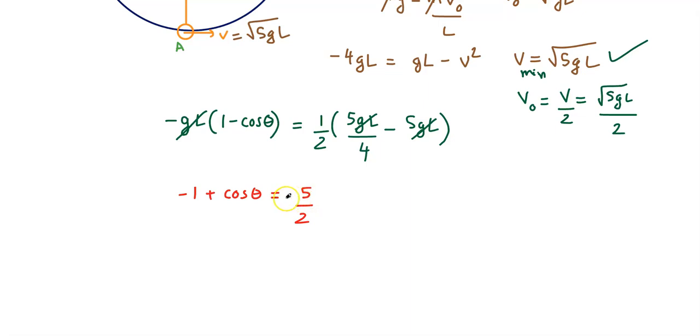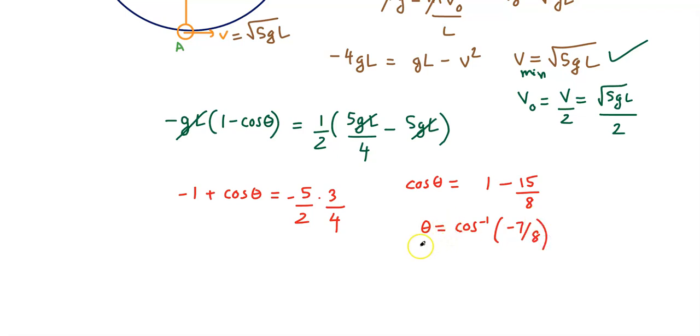So that's minus 3 by 4. Right? And rearranging, so cos theta equals 1 minus 15 over 8. And so theta equals cos inverse of minus 7 over 8.